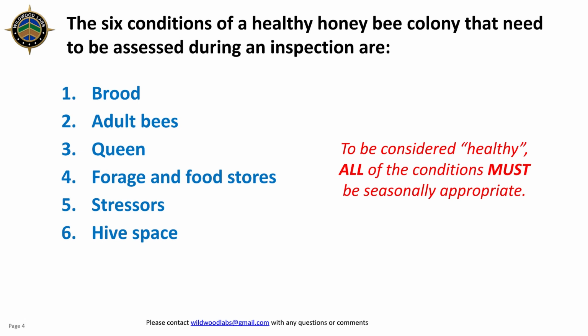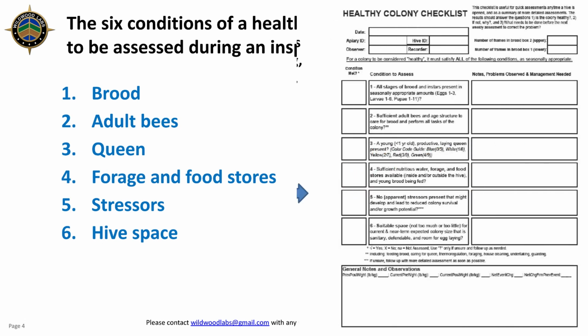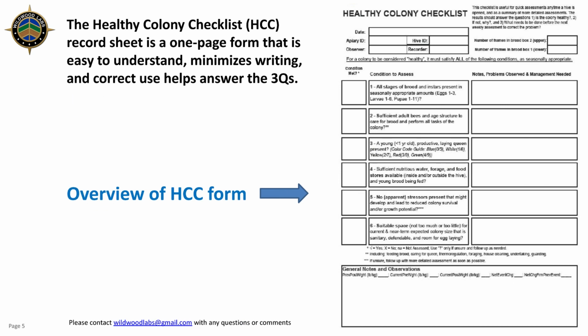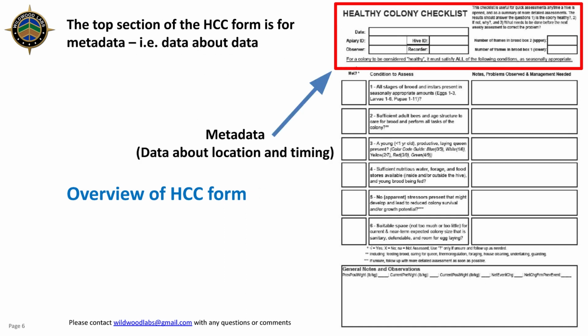Before we look at the 6 conditions, let's review the HCC form that was developed to guide the inspection process and recording results. The HCC form is a simple 1-pager that requires very little writing. Assess all 6 conditions and check them off after they have been thoroughly examined. The HCC form is divided into 3 sections.